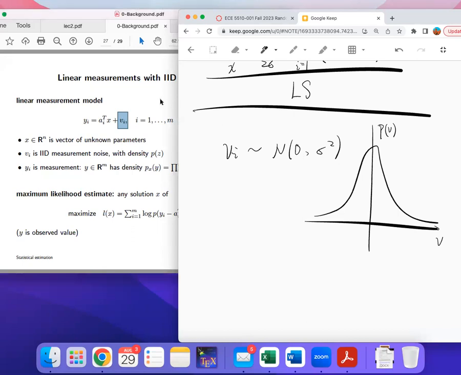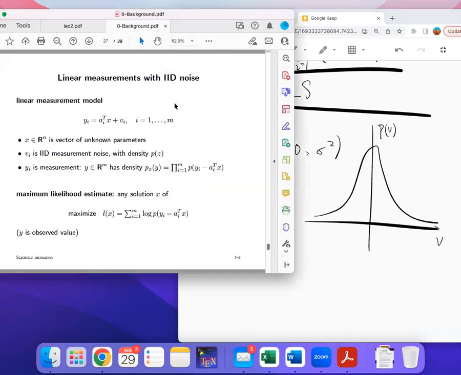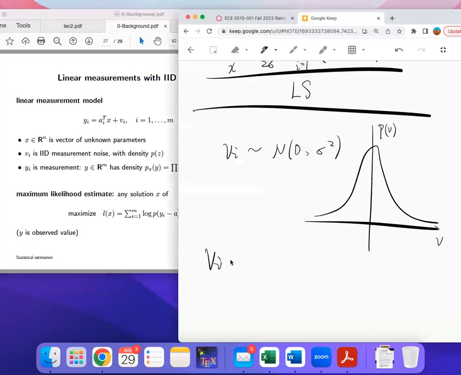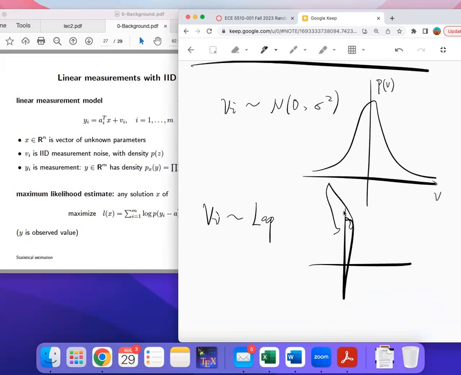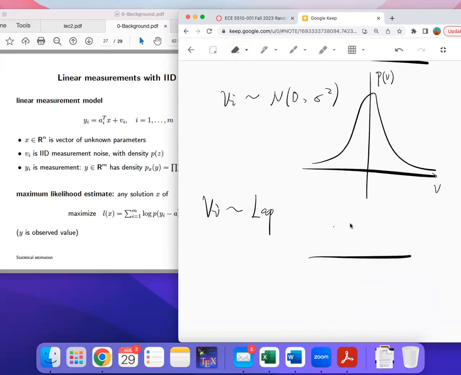So we usually put the noise in the model, because in practice there are always some variations in your measurement. If Vi follows the Laplacian, then I believe it looks like this one.